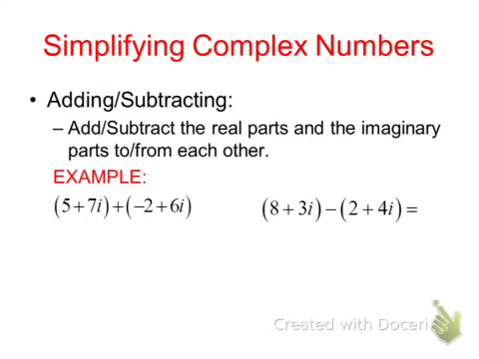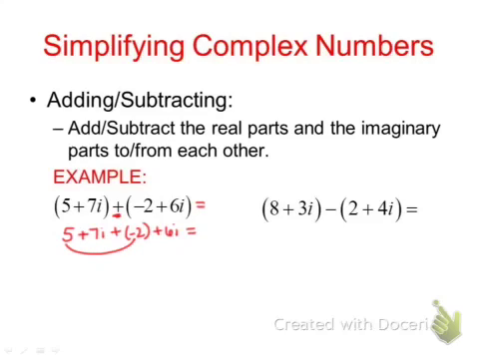So since this is an addition problem, I'm going to simply combine whatever I have as like terms. And with addition here, I could actually just remove my parentheses without changing anything about my problem. So negative 2 plus 6i, no signs change. And then just simply combine together my like terms.